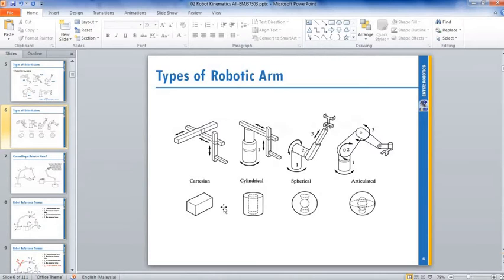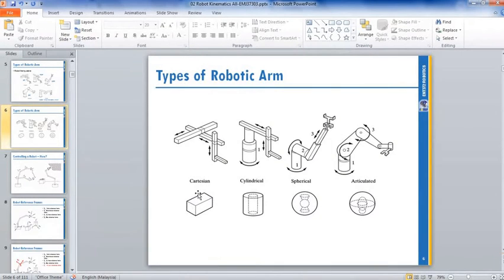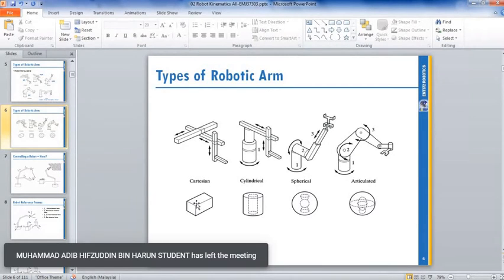A Cartesian doesn't mean that you can only make a square shape. Any shape within the working envelope you can develop. That's why if you see a 3D printer, their concept is like a Cartesian robot, but you can print all shapes, very detailed shapes.